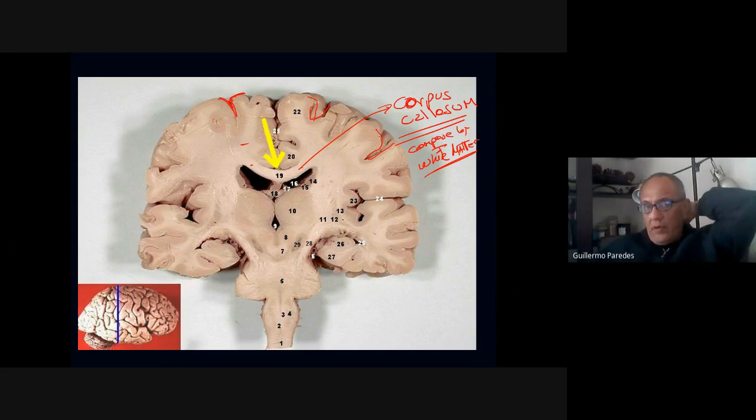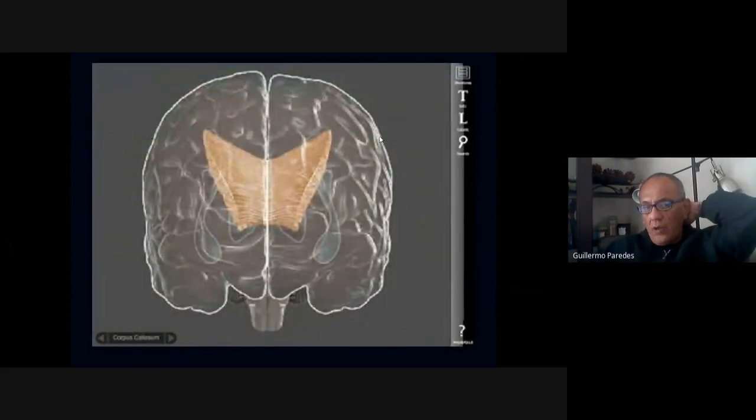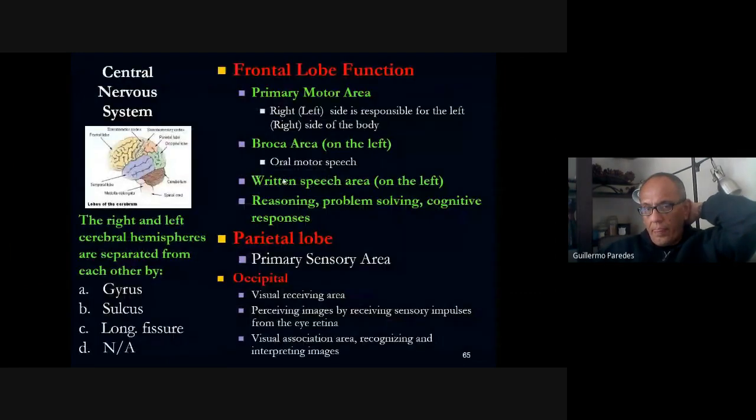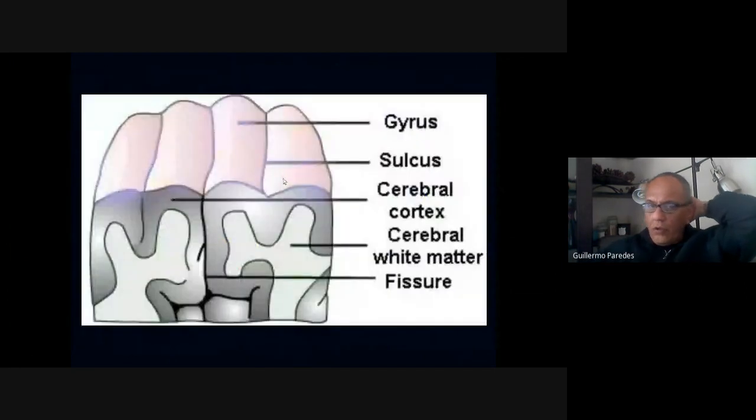And that is the corpus callosum, composed of white matter. We already talked about the gyrus, which is the bulging area. Sulcus is the line between the bulging areas. Here we have the gray matter, composed of unmyelinated nerve cells, and the white matter, which is myelinated.